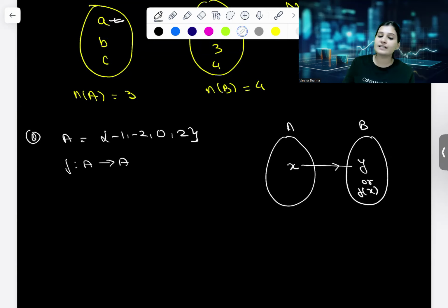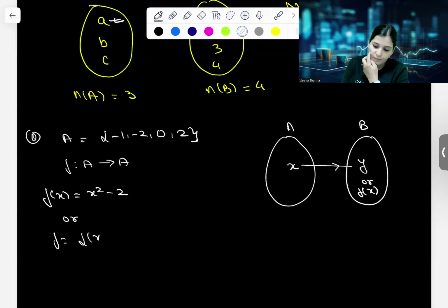So there are several ways in which I can give you the function. Say, first, f of x is equal to x square minus 2. This is an equation. You put the value of x and in return you get the value of y, or f of x. Or I can write f is equal to {(x, y) such that y is equal to x square minus 2}, as we wrote in relation.